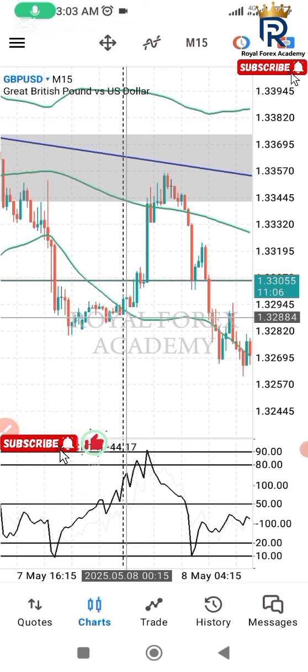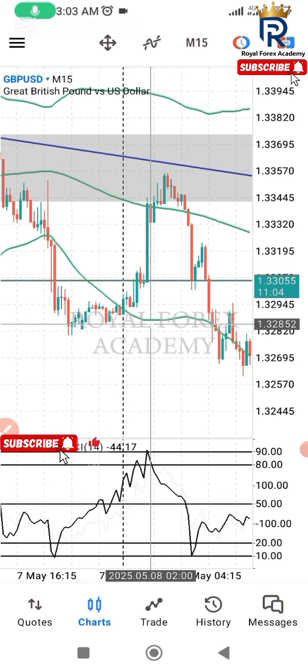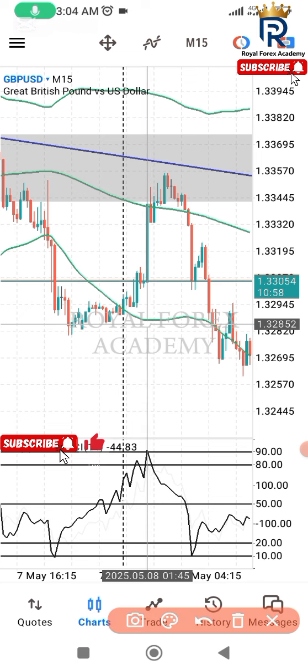Now look at this high. Using this hairline, just look at this high. This is the high, and then look at the high here, right? But here, this particular one is higher than this previous one.